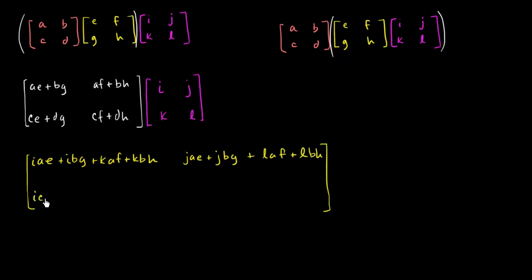So ICE plus IDG plus KCF plus KDH. And then finally, this times that plus this times that. So JCE plus JDG plus LCF plus LDH.